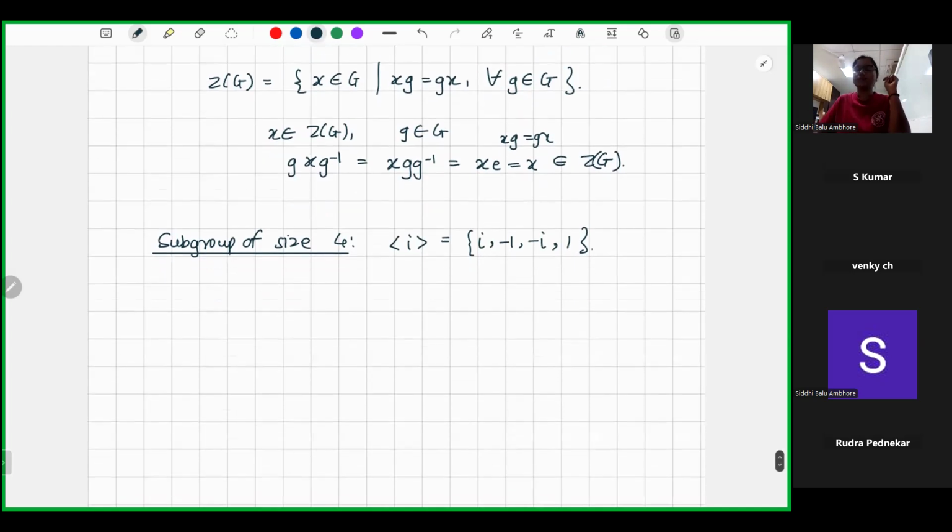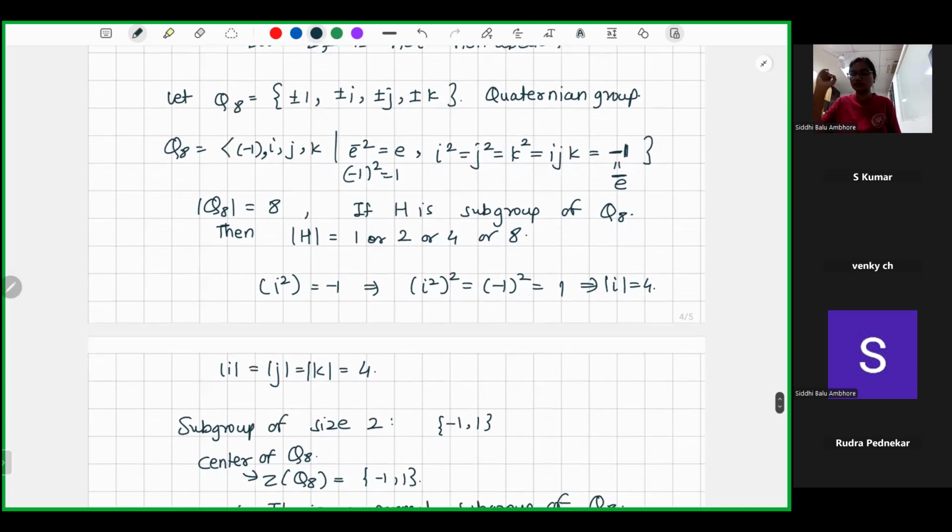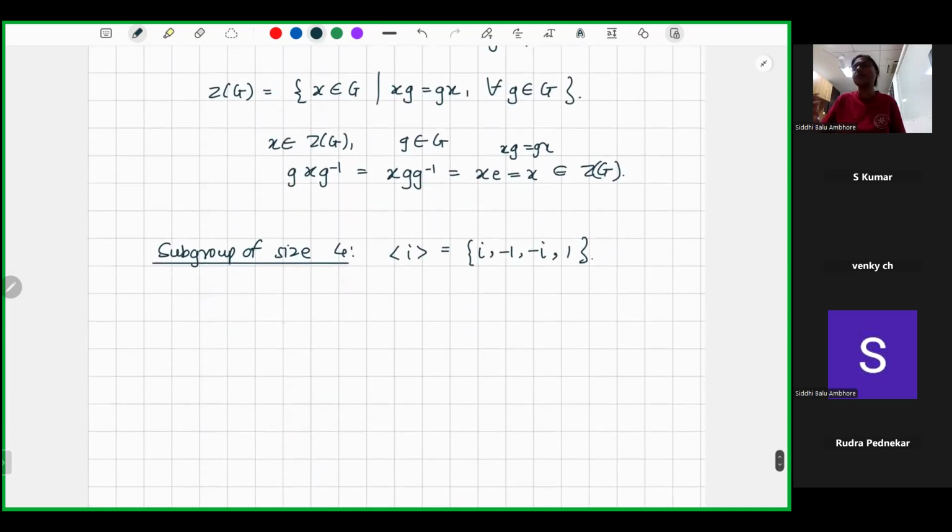Similarly j, k. Are there any other subgroups of order 4? No, right? If you have, you can check.